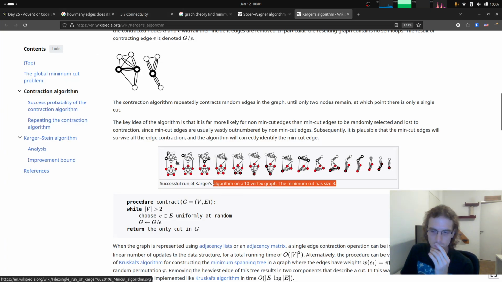So what is the probability of not choosing to contract the successful edges? But the thing is, when you start contracting things, you're going to start having some very connected nodes. Like these nodes here have like 3 connections, so it's much more likely, when you choose an edge from here, to choose one from these things than these 3. So that's also interesting.